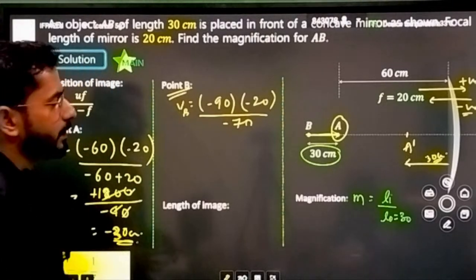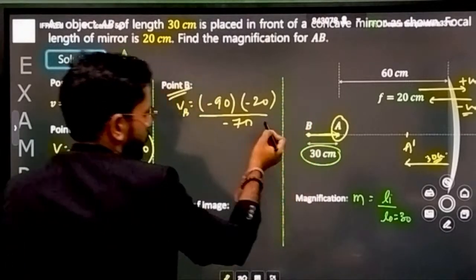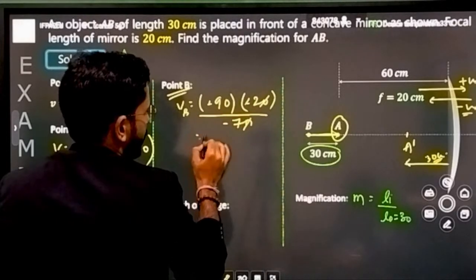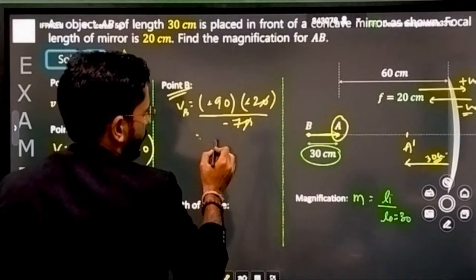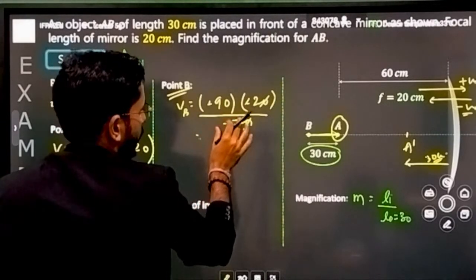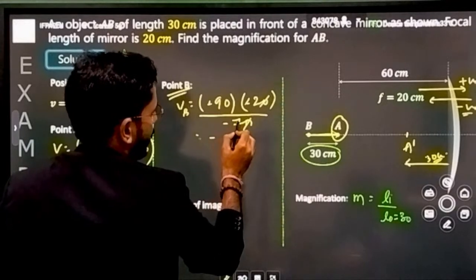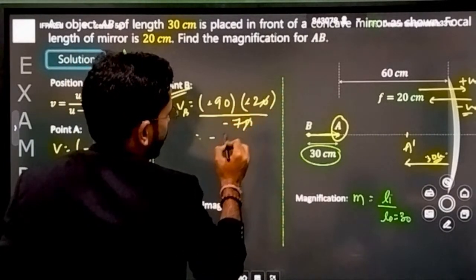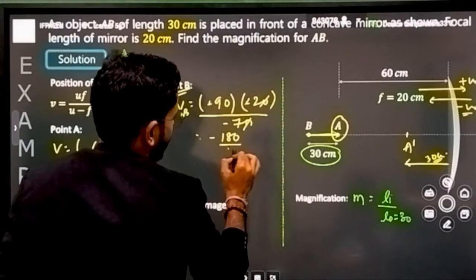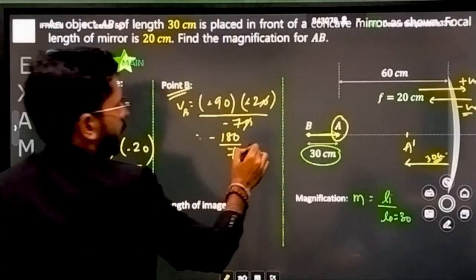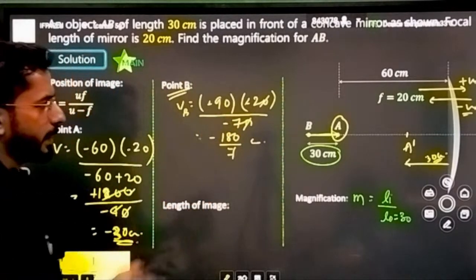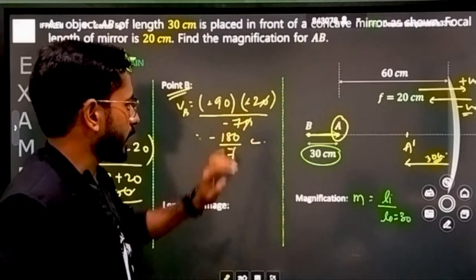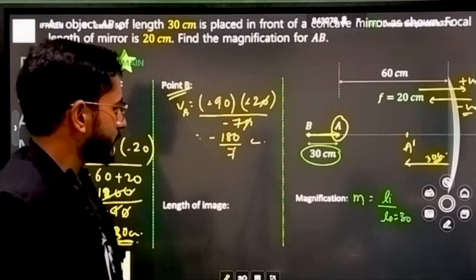This minus cancels, and here what you will be writing is negative of how much? This will become 180 divided by 7. Correct? If I am wrong, then please correct me. I think that it is correct. Okay, 180 by 7 centimeter.